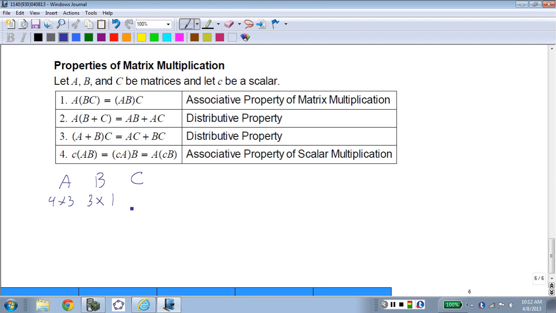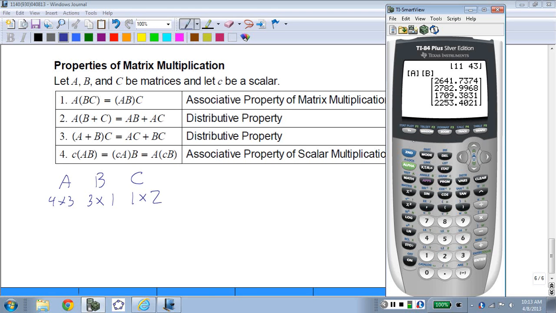If I were to multiply those together and then be able to multiply that product by C, how many rows must C have? 1 by something. I want to make it 1 by, we can pick any whole number for the number of columns. Let's go with 2, just because I felt like it. 1 by 2. So let's define another matrix.